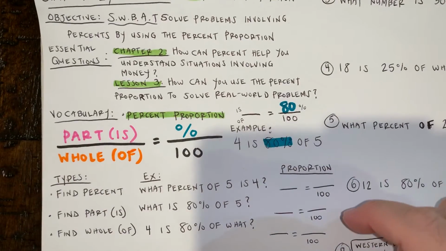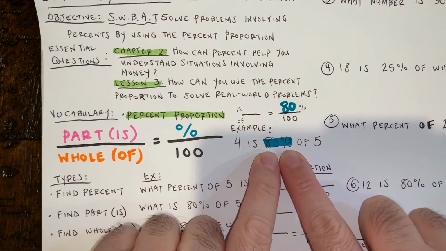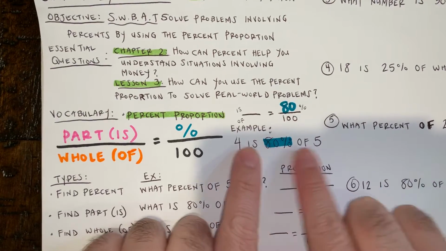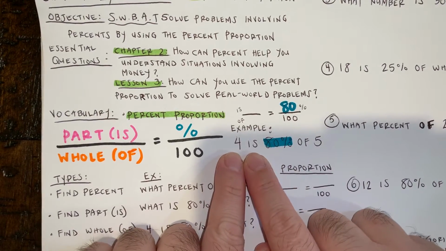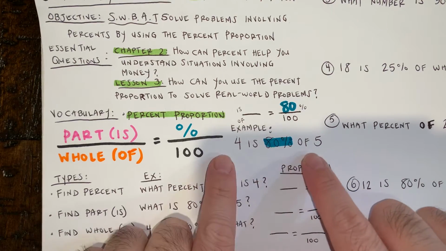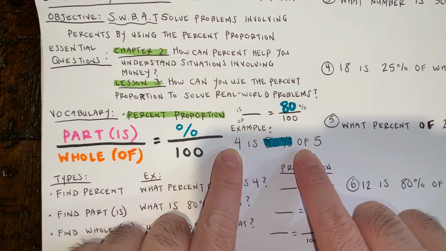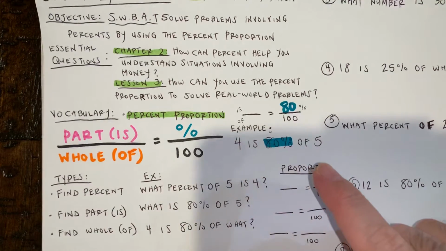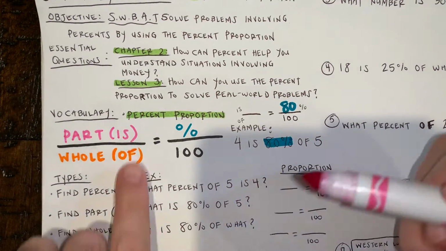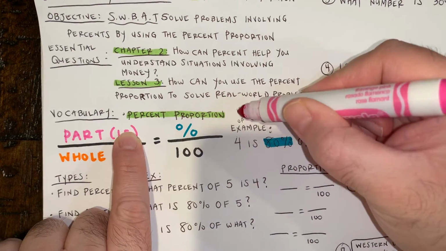Now, if you look at this, you're going to realize that the percent also has split the numbers. We have 4 is, and we have of 5. So that's why I said is and of are important, because right here you can see 4 is of 5. So that means the is goes on this part.